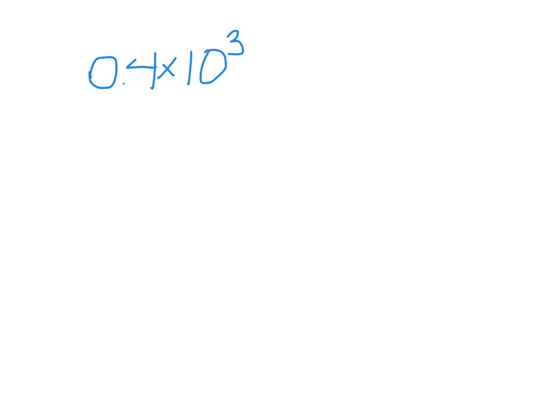So our first order would be the exponents. We don't have any parentheses, so we start at the exponents, and that would equal 1,000. So we would rewrite it as 4/10 times 1,000. And then all that's left is to multiply, so that equals 400.